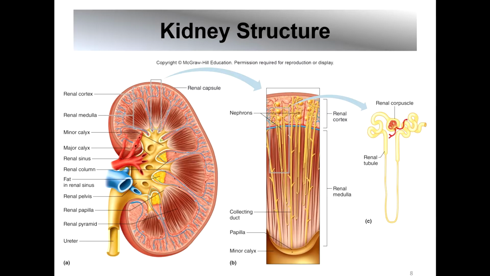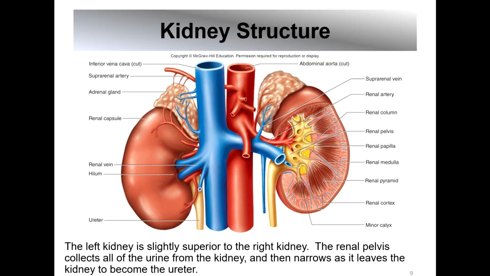Well, the nephrons, I should say, but that starts in the renal corpuscle. If we move back just a little bit from this view, you've got a thin section here of the cortex, and you can see that there are actually multiple nephrons running through this space that are all going to dump into the same collecting duct, and that collecting duct carries the urine down to the minor calyx.